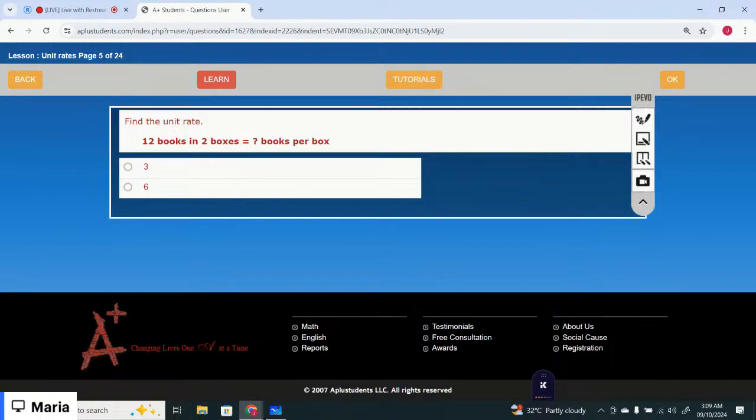Find the unit rate 12 books in 2 boxes. So which is the correct option? 12 books in 2 boxes.